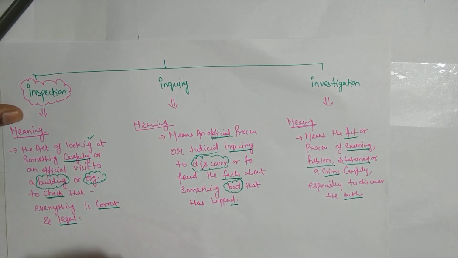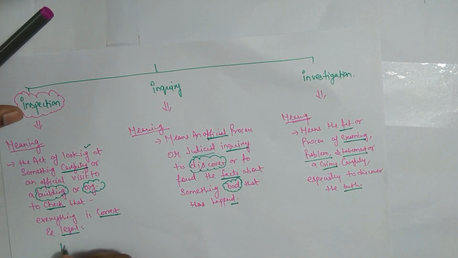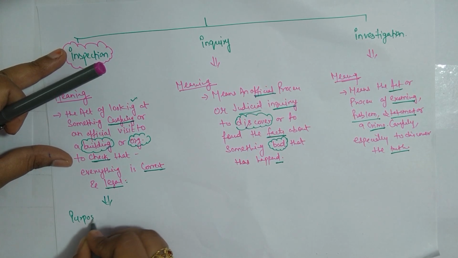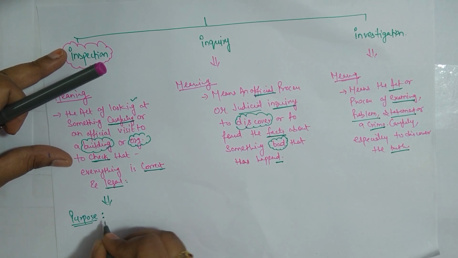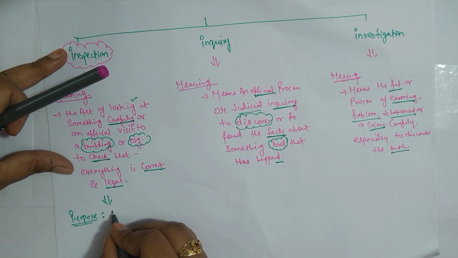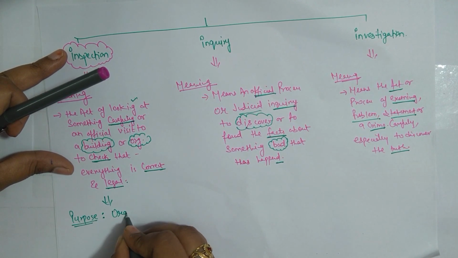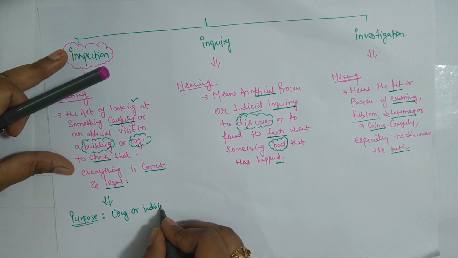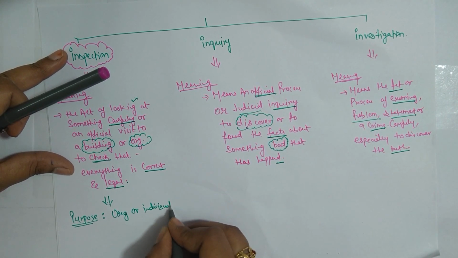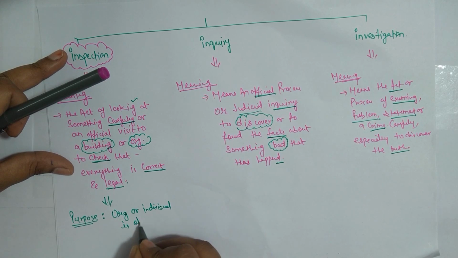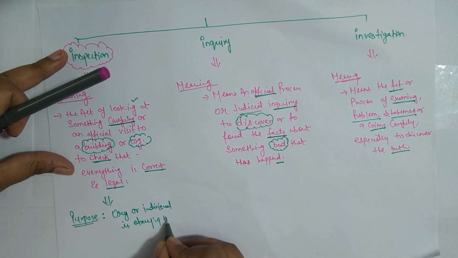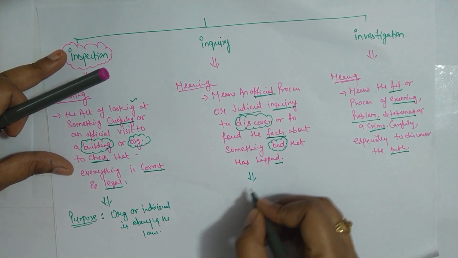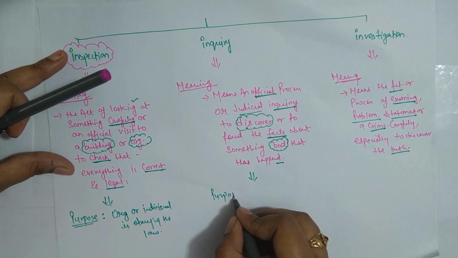Okay, see, if I'm talking about purpose, the purpose of inspection is to find out whether the organization or individual, meaning an employee of the organization, is obeying the law or not.